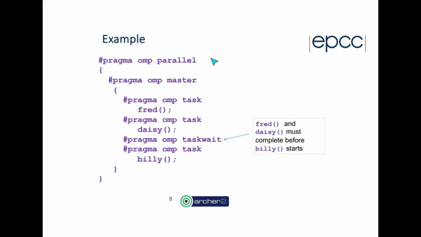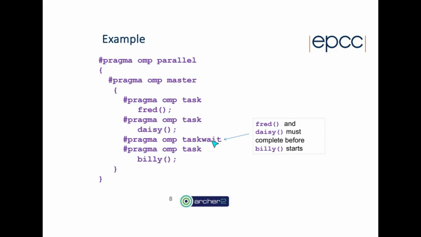So again, simple example here. Suppose we have this. We're going to use this parallel master pattern again. So the master thread is generating these tasks. It generates a task that contains the call to Fred. It generates a task that contains the call to Daisy, and then it calls task wait.